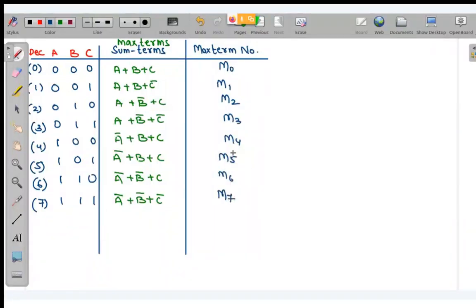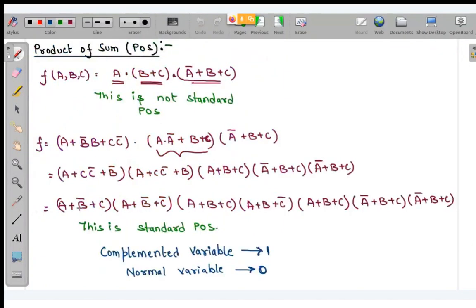These are your corresponding max term numbers. Now if I want to represent this expression, remember, don't make this mistake: non-complemented corresponds to 0 and complement corresponds to 1. So this is 0, let me write it below.